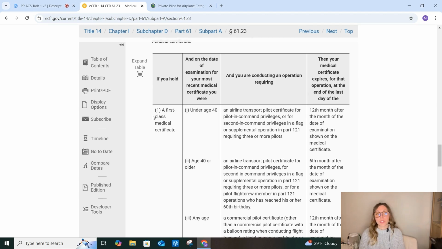Okay, so if you have your first class medical certificate and you are under the age of 40, you have 12 months to exercise your first class privileges. If you are over 40, you have 6 months to exercise your first class medical privileges. So let's say you're flying on a United Airlines flight and you have 2 pilots at the front who are both over 40 years old.